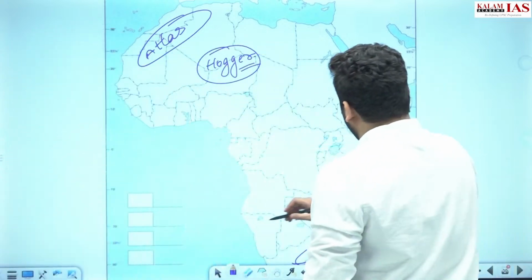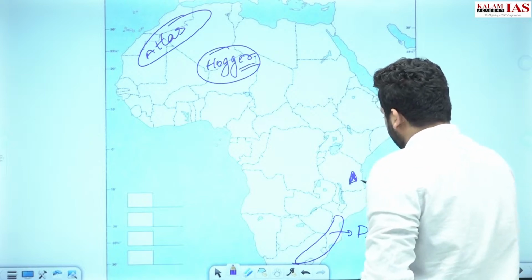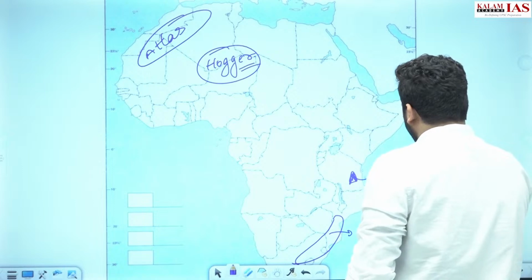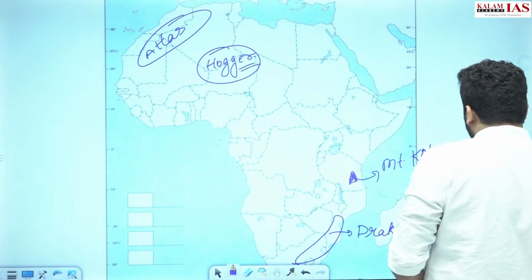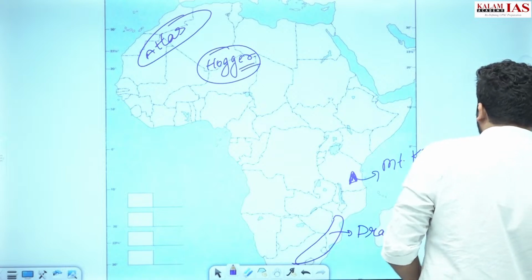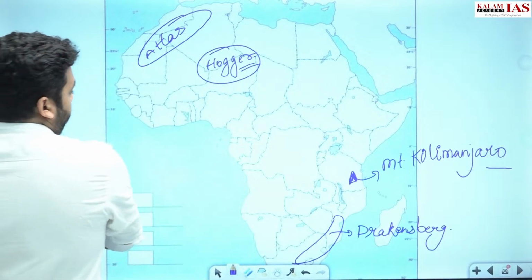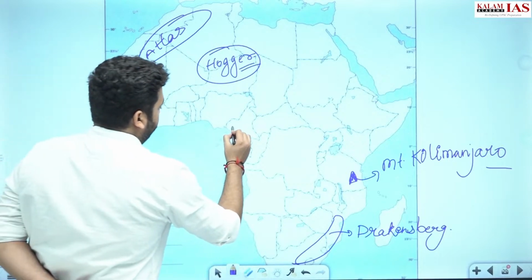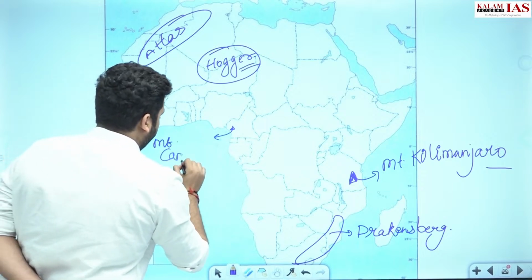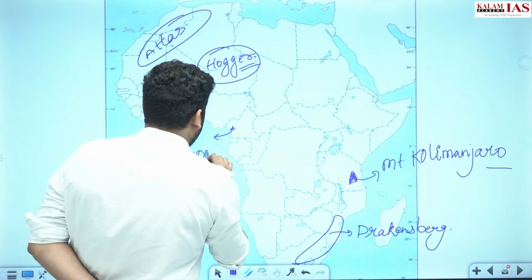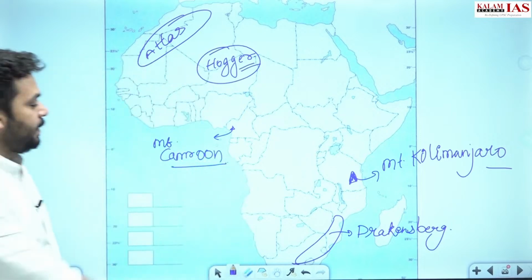Then we have Tanzania. We have the highest, Mount Kilimanjaro. We also have Cameroon. These are residuary mountains.